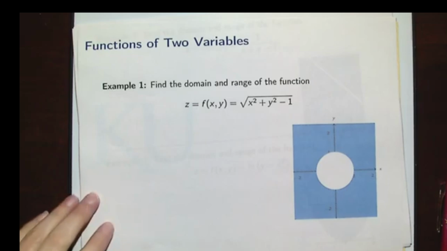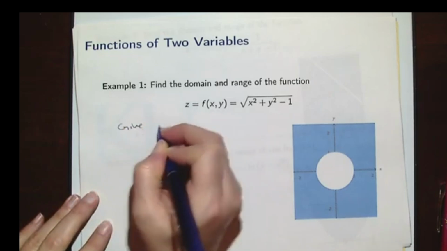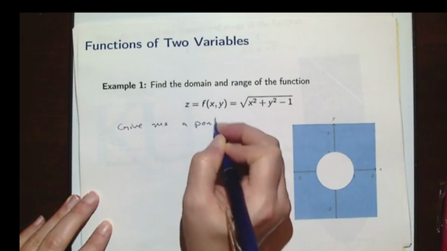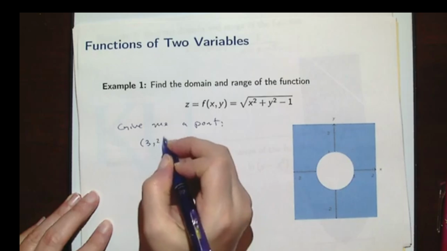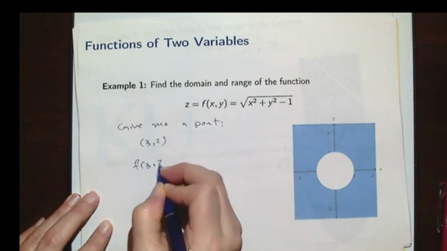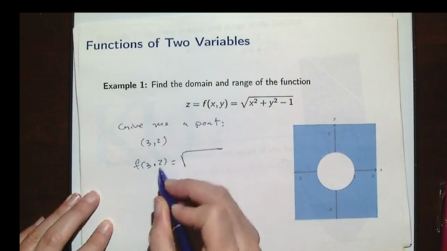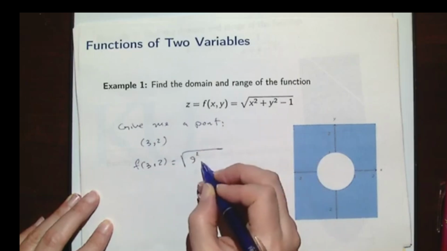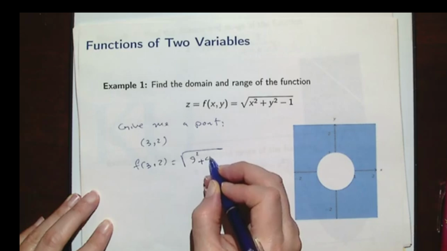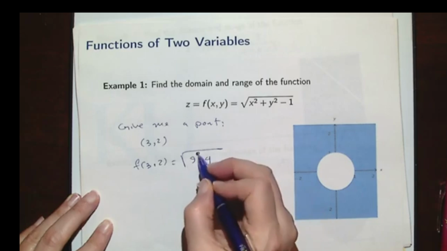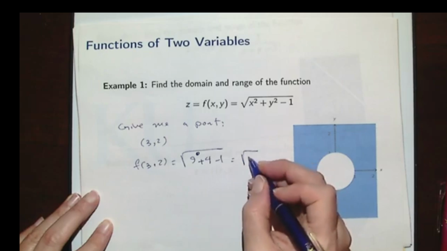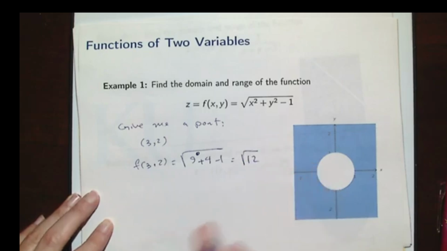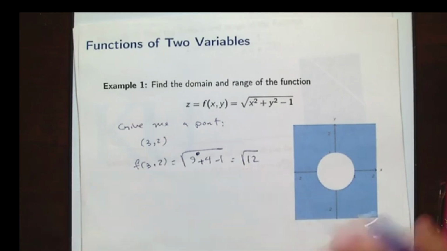You guys give me a point. 3 and 2. So what is f of 3 and 2? Let's see if it works. X to the power 2 plus y to the power 2, minus 1, square root of 12. So if I plug in 3 and 2, it gives me square root of 12.